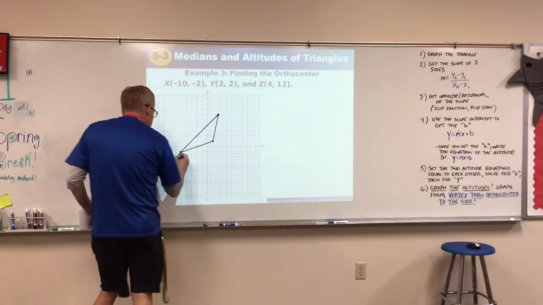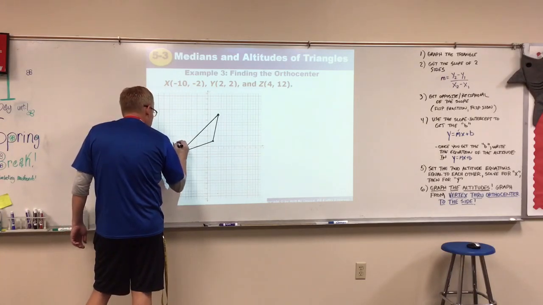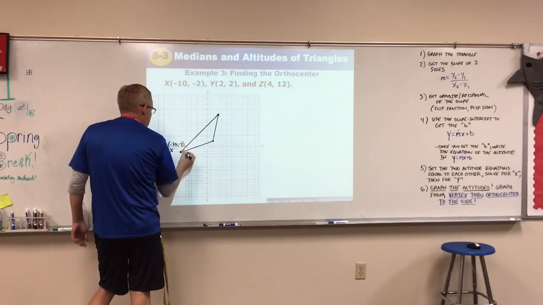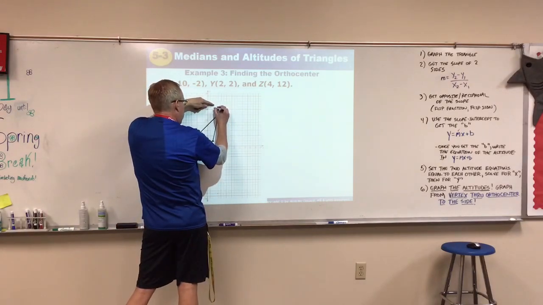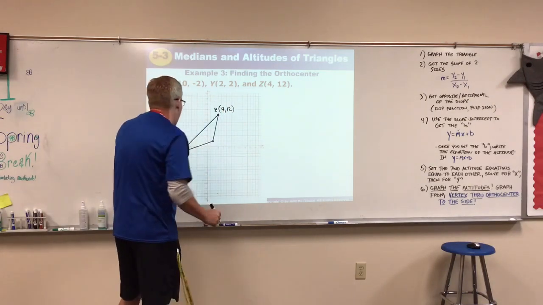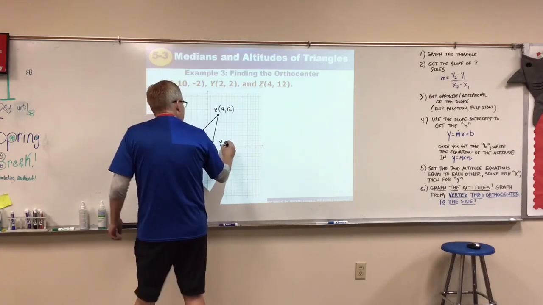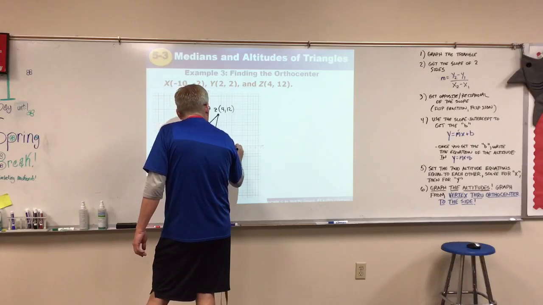This is x, which is -10, -2. This is z up here, so I'm going to mark this as z, which is 4, 12. And this is y, which I'll put right here. Y is then 2, 2.